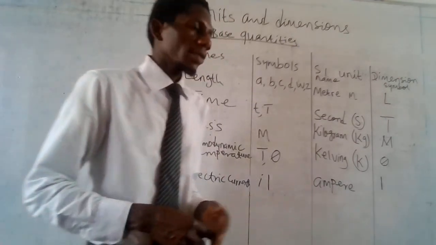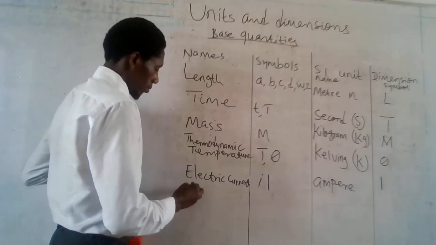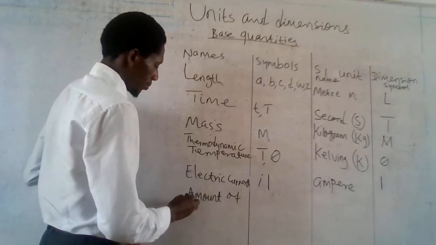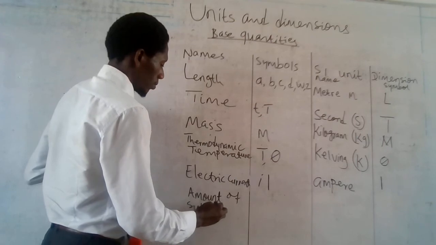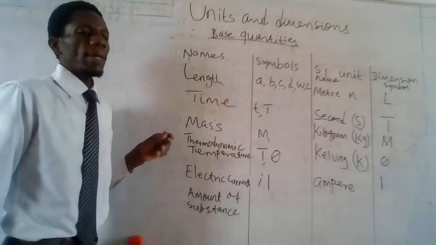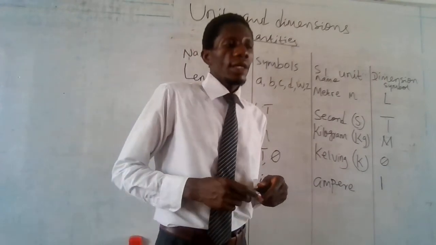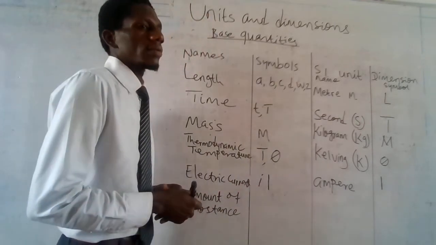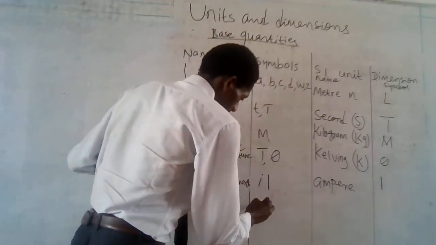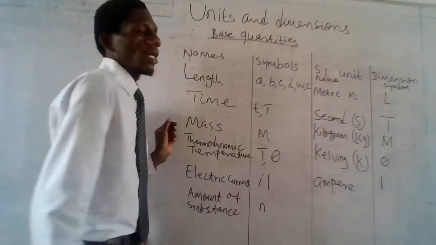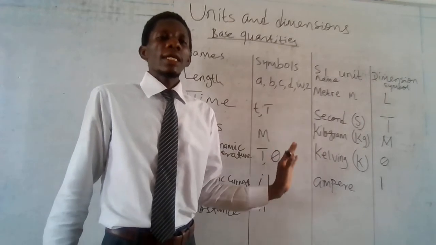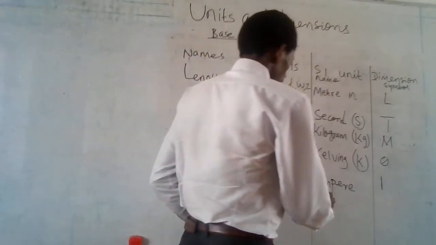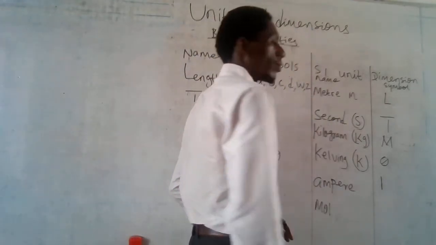Now, the amount of substance. The amount of substance is represented by the common symbol N. Now, the SI unit name for the amount of substance is mole. Mole.